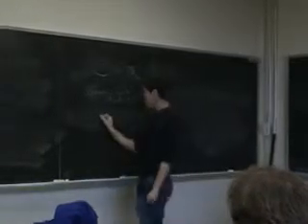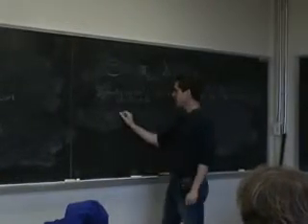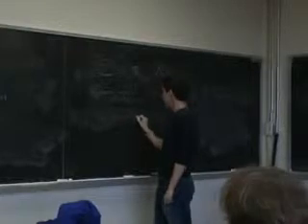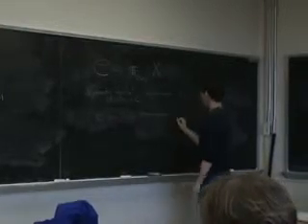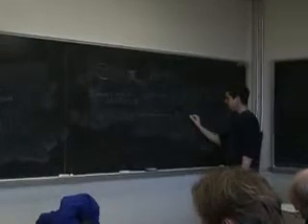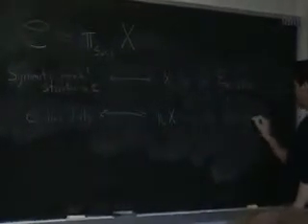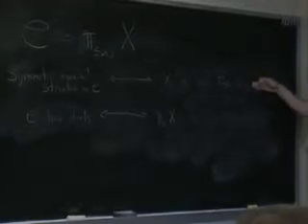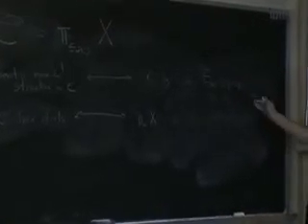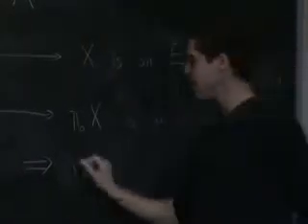Well, isomorphism classes of objects of C can be thought of as elements in pi naught of the space X. This requirement that C has duals tells us that pi naught of X is actually an abelian group, where its group structure is given by this E infinity structure, this commutative multiplication that we have on X. So both of these things together, plus some algebraic topology, tell us that X is an infinite loop space.